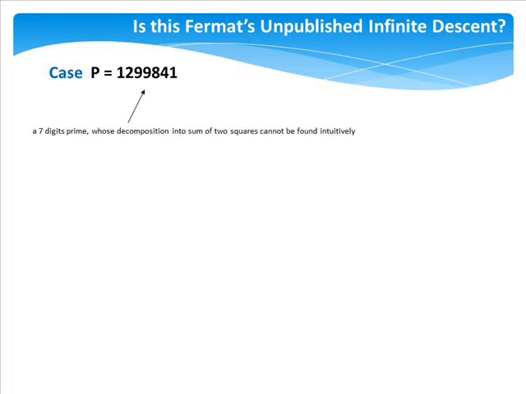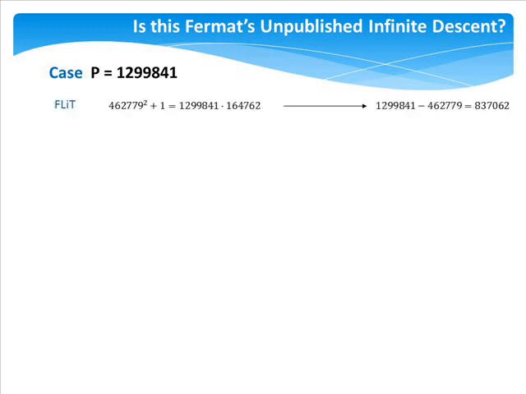Let's find out the decomposition into sum of 2 squares of a 7 digits prime, 1,299,841. Through Fermat's little theorem, we find that the prime divides 462,779 squared plus 1. And so it must also divide 837,062 squared plus 1.